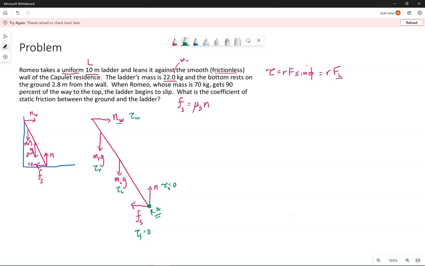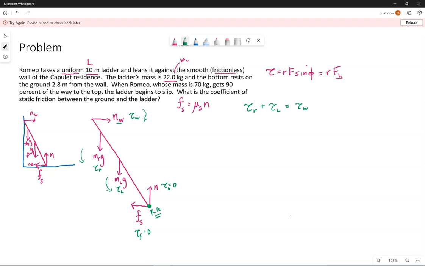So as we've mentioned, we have the torque due to Romeo. We have the torque due to the ladder. Both of these would tend to rotate the ladder counterclockwise. The torque due to the wall would tend to rotate the ladder clockwise.